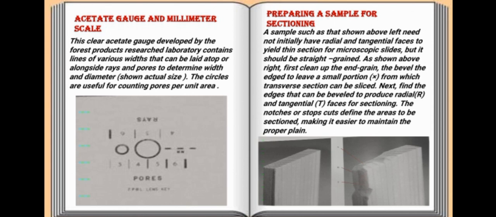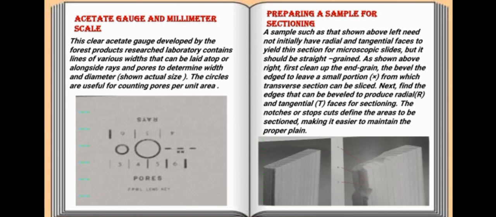The next is the acetate gauge and millimeter scale. This clear acetate gauge, developed by the Forest Products Research Laboratory, contains lines of various widths that can be laid atop or alongside rays and pores to determine width and diameter, shown actual size.